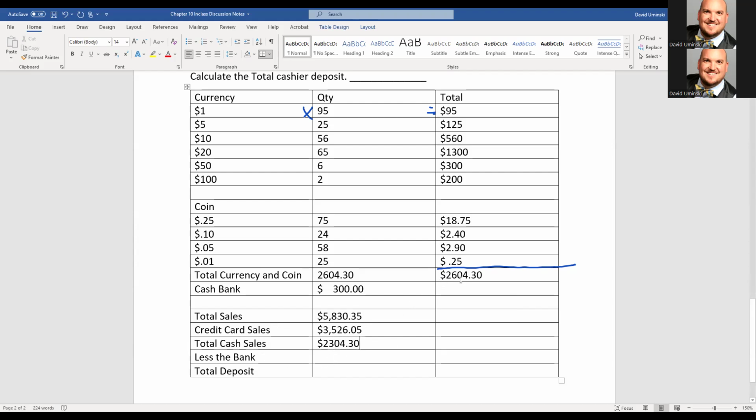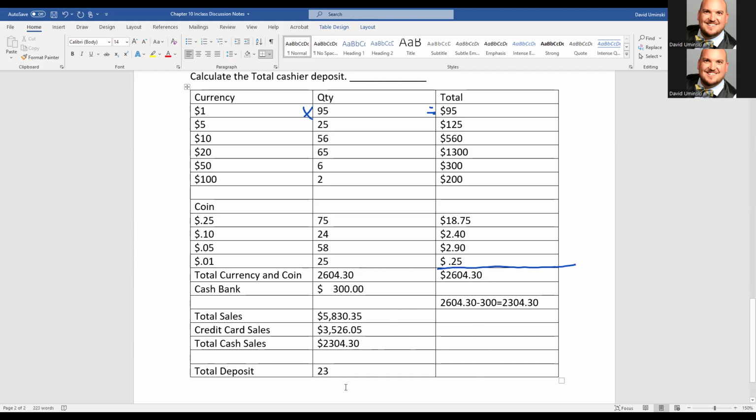Now we take this cash in. I'm going to take this less the bank out. So 2,604.30, we take out that cash bank, and what do we get? We do 2604.30 minus 300 is equal to what? 2304.30.